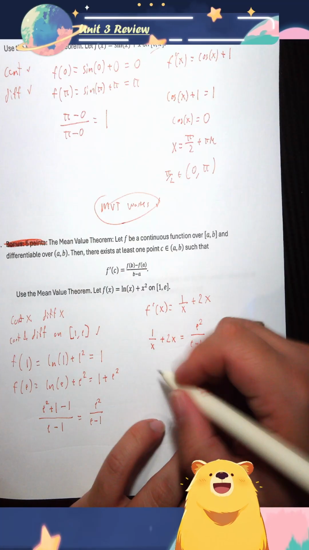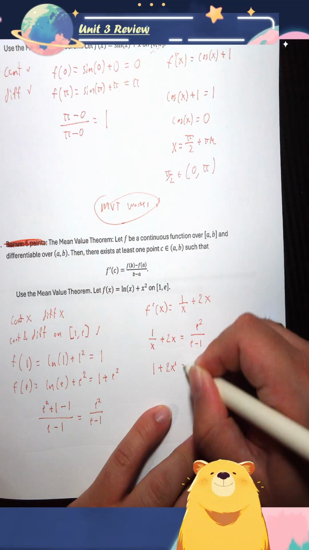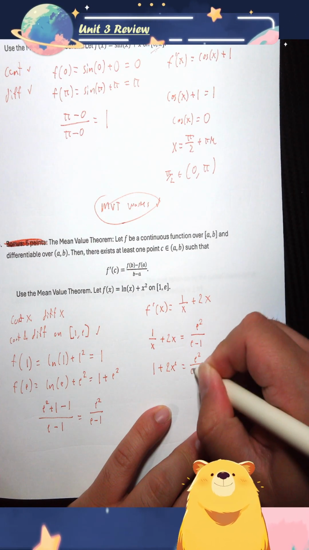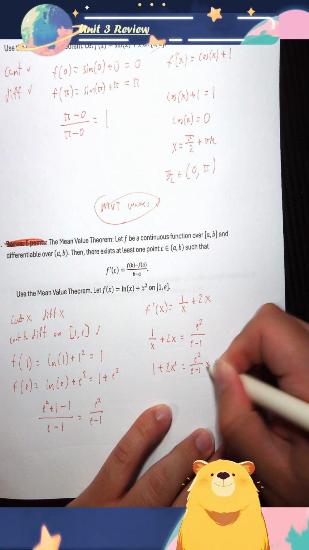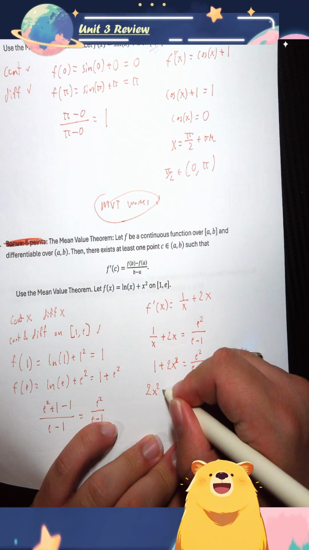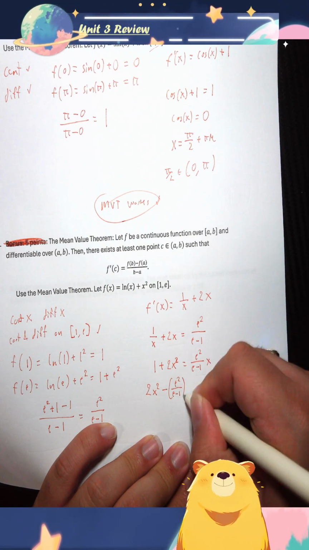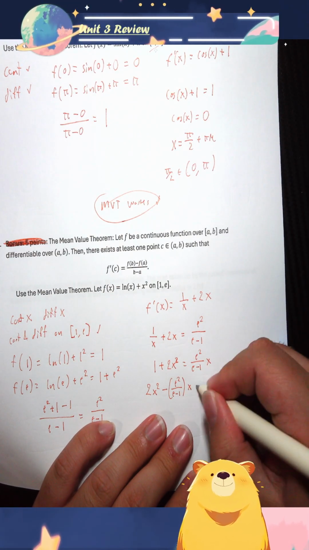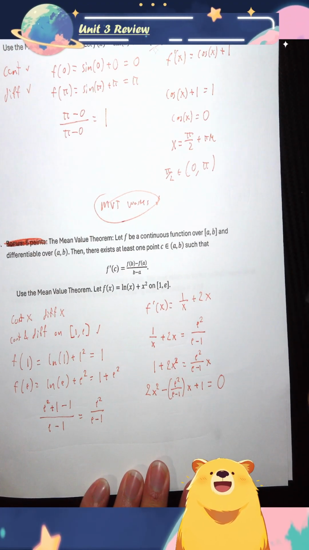I'm going to go ahead and multiply everything by x, so I get 1 plus 2x squared is equal to e squared over e minus 1 times x. Go ahead and make it to where one side is equal to 0. And then I'm going to use the quadratic formula for this.